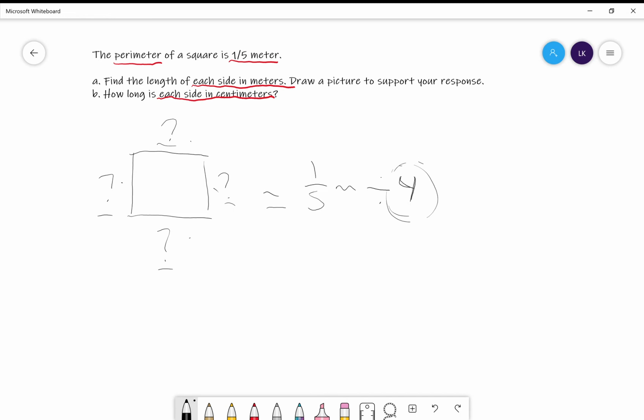and make a tape diagram. I'm going to call this tape diagram one whole.